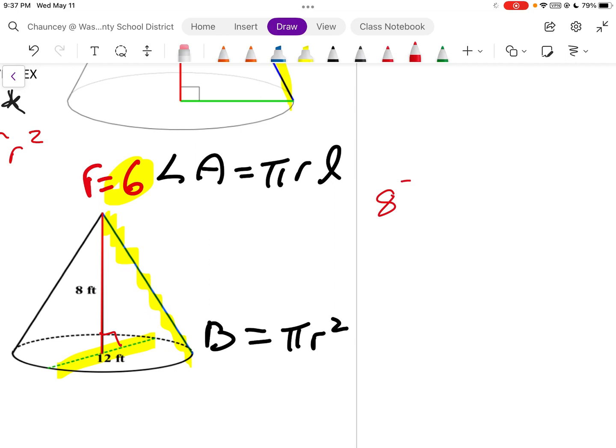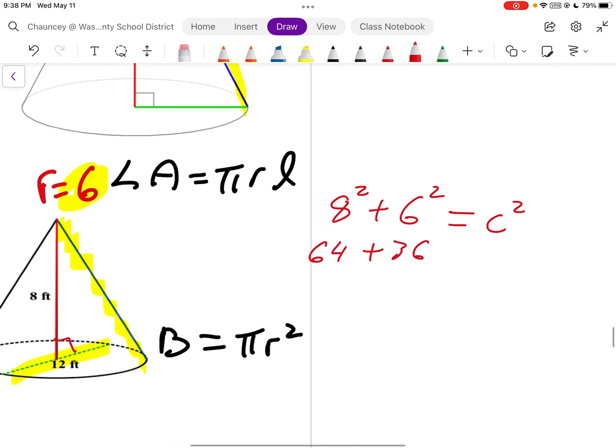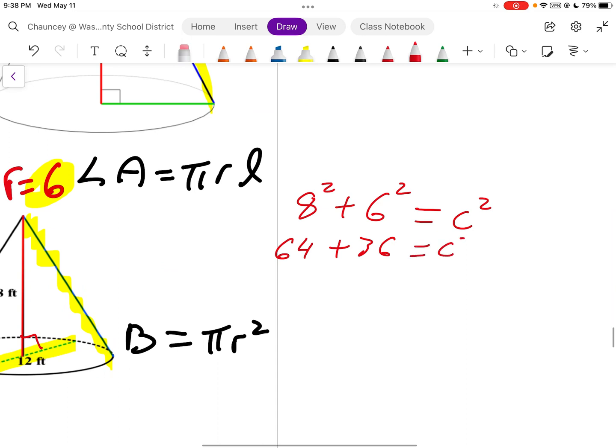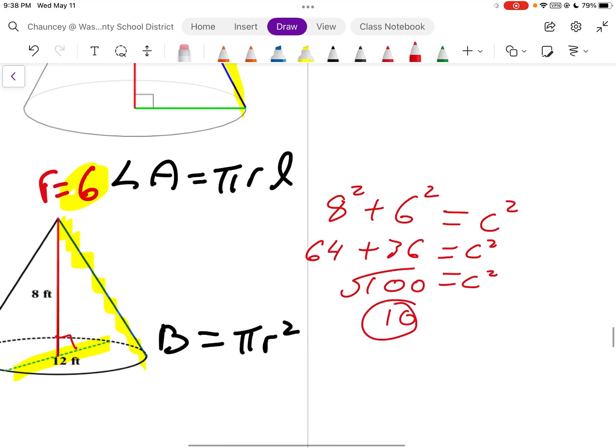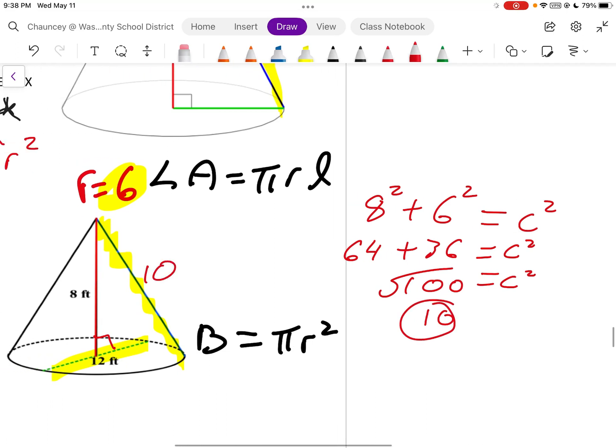So 8 squared plus 6 squared equals our hypotenuse, c squared, or our slant height. 8 times 8 gives you 64, plus 6 times 6, which is 36. Well, this works out pretty nice because we get a perfect square. That's 100. C squared is 100, which is the perfect square of 10. So our slant height ends up equaling 10.